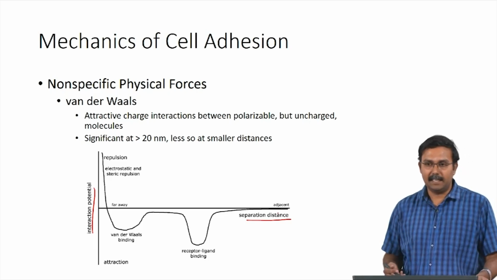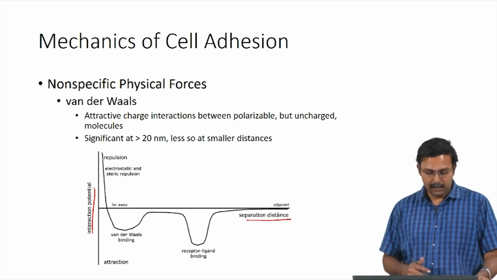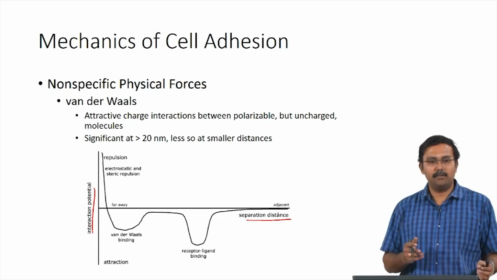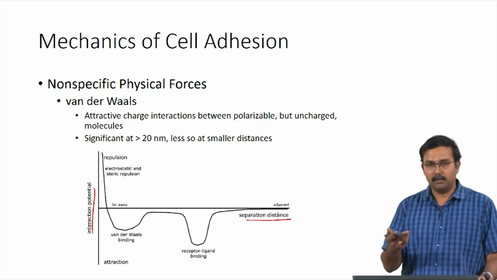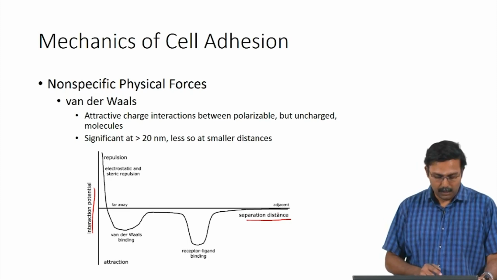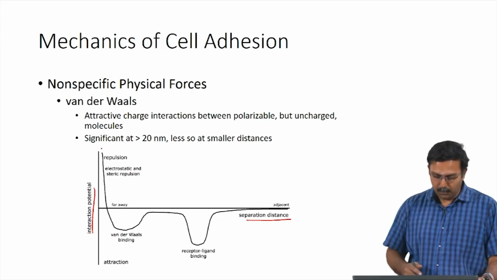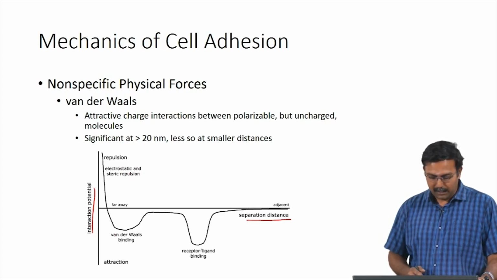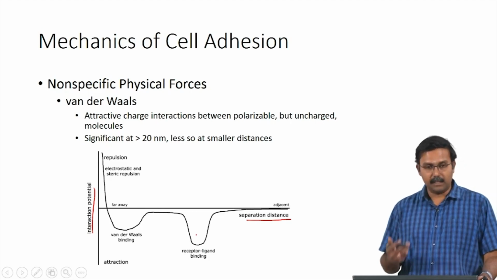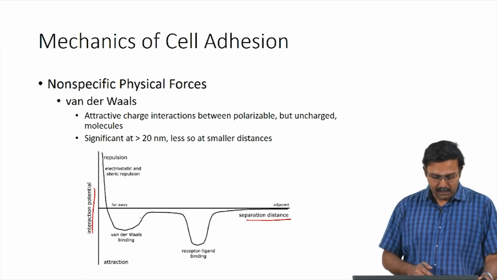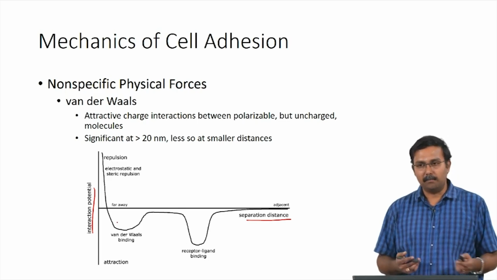This is not individual effects, this is a cumulative effect of these three non-specific physical forces. Electrostatic and steric repulsions are seen when the cells are farther away, and you have receptor ligand binding which can have a significant impact, and van der Waals binding which would have a lesser impact.